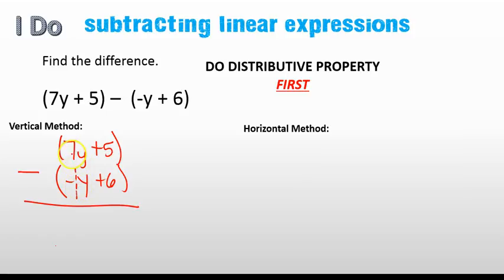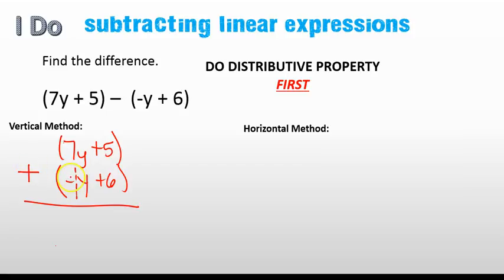Okay, so now I'm just going to do this as normal. 7y minus a negative 1y. And then I have a positive 5 minus a positive 6. Okay, so here's where you're going to have to do adding the opposite. You're going to have to do ATO. So you're pretty much just distributing a negative 1 inside. So I'm going to change this to adding.